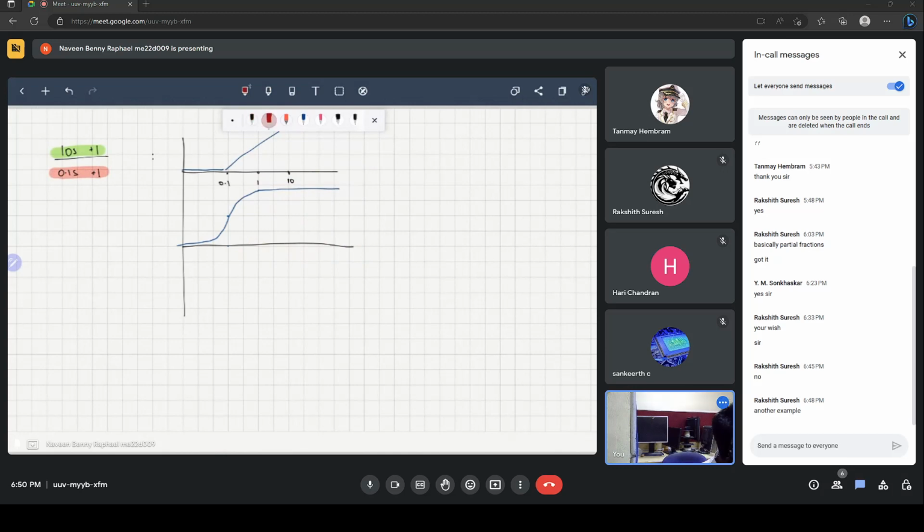So for 0.1s plus 1, the critical point is 10. So until 10 it's straight, and then it goes down. Note that it will go down with the same slope as this is going up. Likewise, at 10 it will be here.